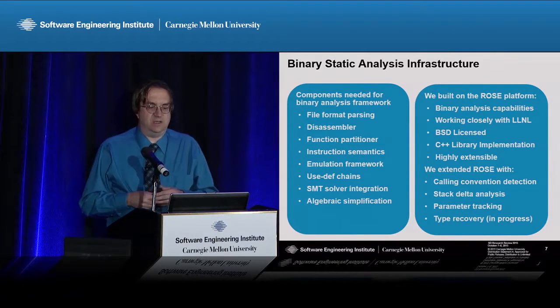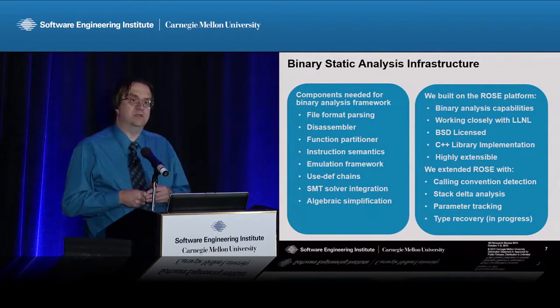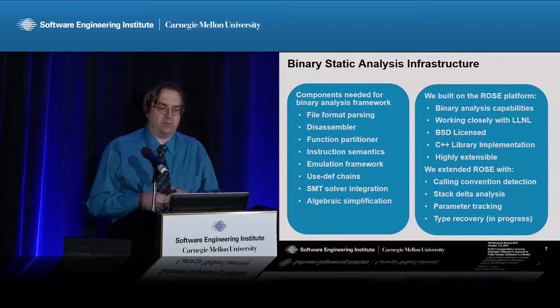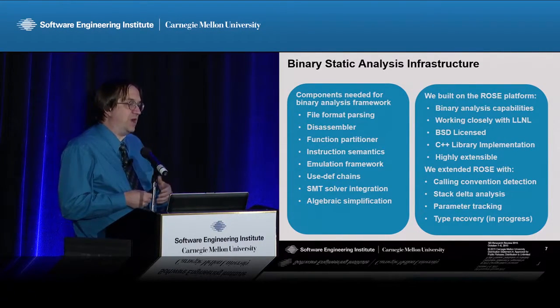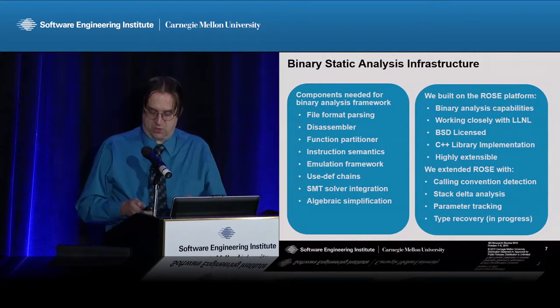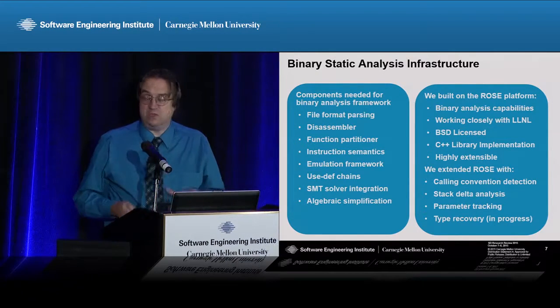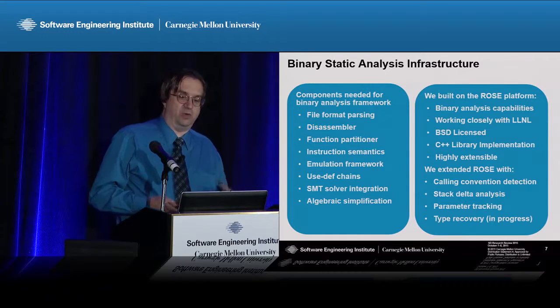And what we've been extending it with is things like calling convention detection and stack delta analysis. It allows us to track the value of the stack pointer as we evaluate the program. We've been adding parameter tracking and interprocedural parameter passing, and this year we worked some on type recovery as well. So as you can see, there's a lot of pieces that have got to come together. We've used ROSE for that framework.